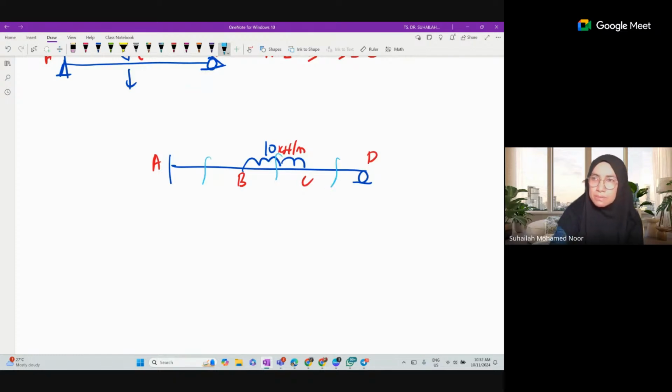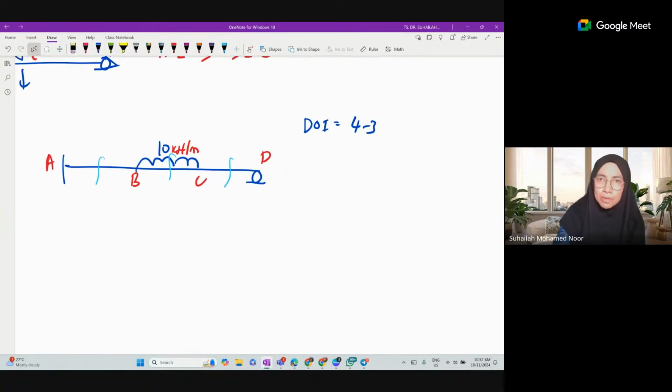Three cutting section here. So this beam is an indeterminate beam because there are four unknown reactions and only three can be solved using equilibrium equations. So there will be one redundant.